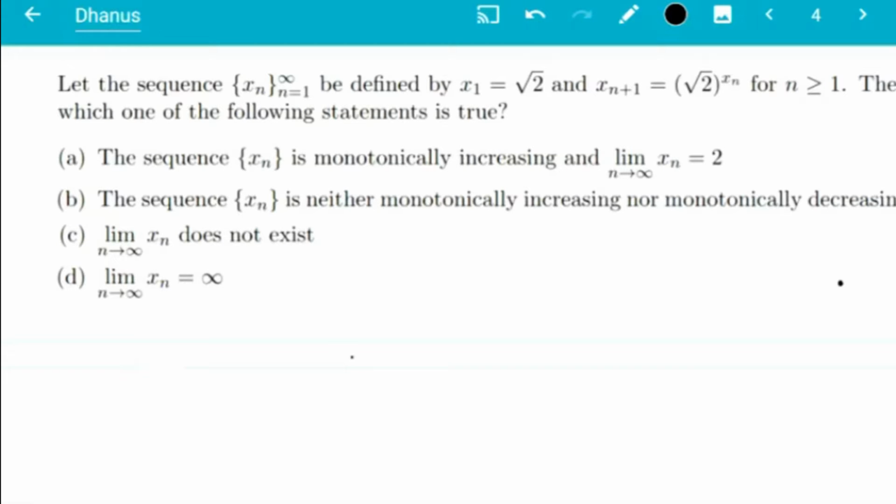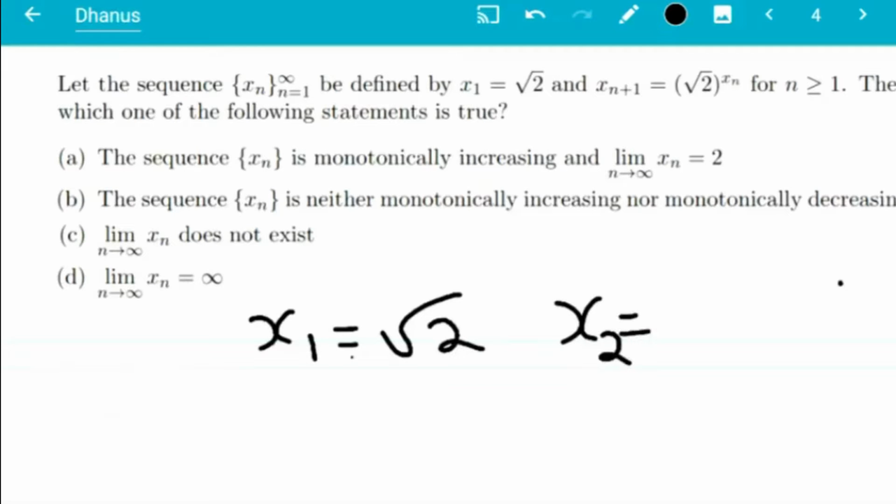Let's try to complete this problem. First we can write a few terms of the sequence. x1 equal to root 2, and x2 equal to root 2 raised to x1, that is, root 2 raised to root 2.